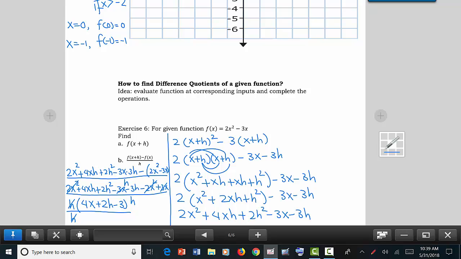This h cancels out. So we end up with 4x plus 2h minus 3. That is the final answer. And you will be happy because you will be doing this thing in business calculus or calculus quite often.